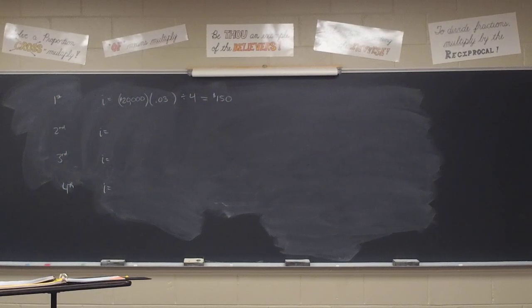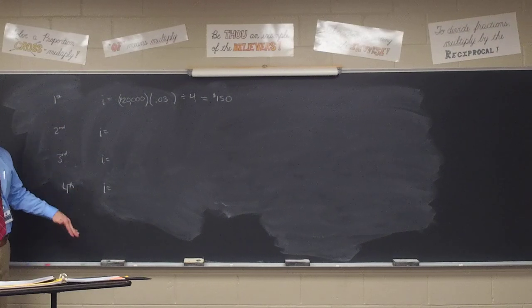For your first month's interest, you got $150. Continue the problem. Do all 4 quarters of that first year.